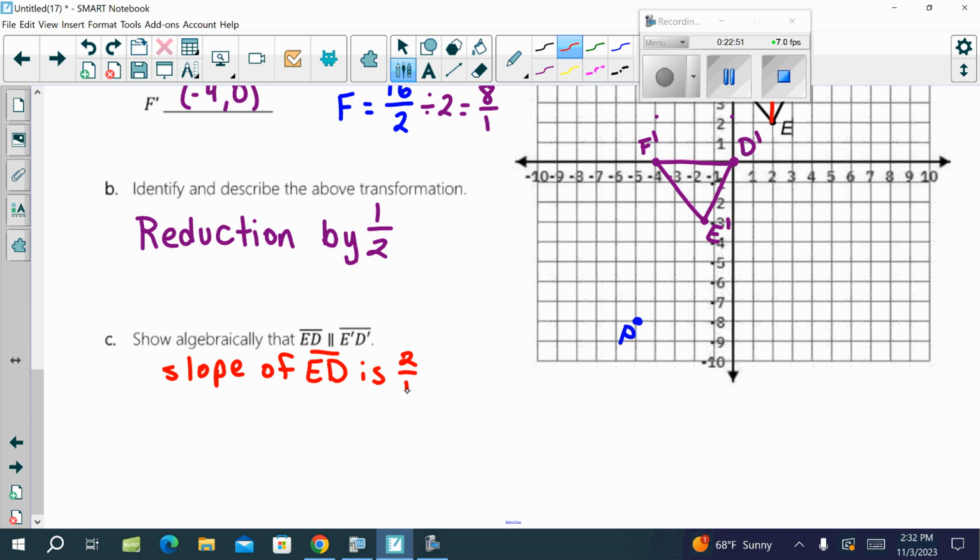I want to count just solid points. So I'm going to look right here to right here. What's that slope from a solid point to a solid point? 2. So slope of E prime D prime is 2 over 1 as well. So did we show the algebra for parallel? Yes, they have the same slope.